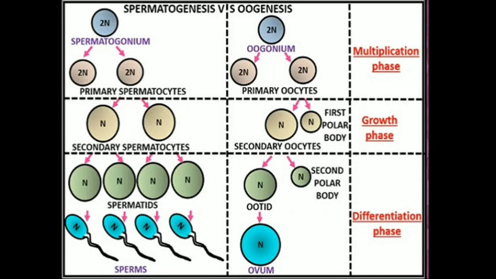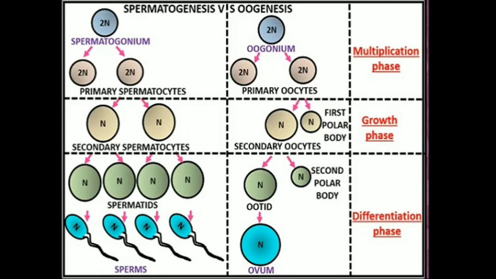Now, as the next point of difference, you can write, from one primary spermatocyte, 4 functional sperms will be formed, whereas from one primary oocyte, only one functional ovum will be formed or produced.